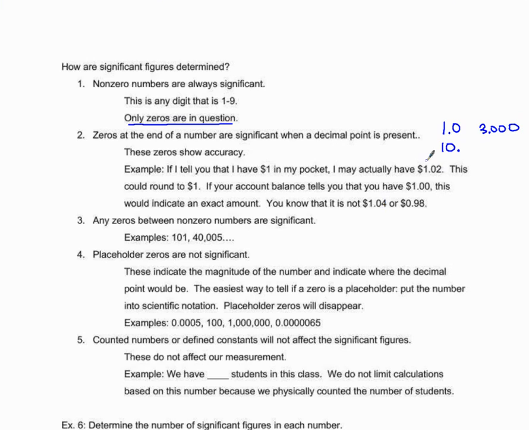It's not going to be $1.02 like I had in my pocket, and it's not going to be 98 cents. 1.00, this means you have $1. So zeros at the end of a number when a decimal point is present, they are significant.